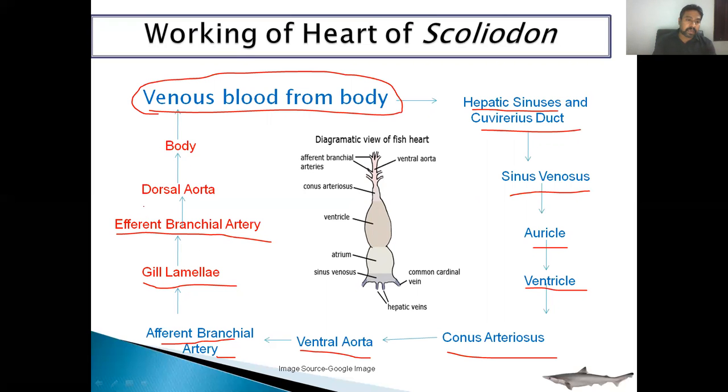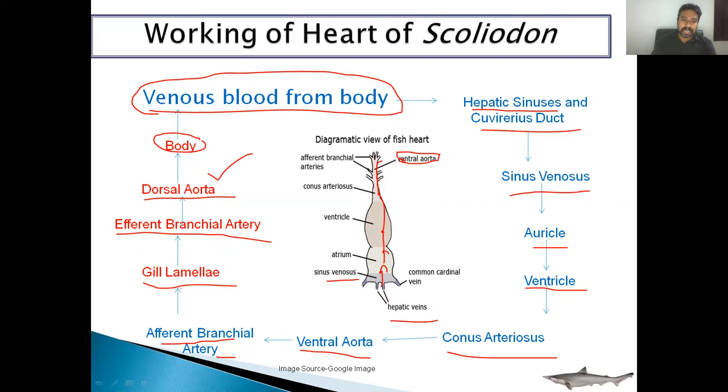That oxygenated blood goes to the dorsal aorta and is supplied to the body with the help of the dorsal aorta. Now, what is the dorsal aorta? It is the largest artery of the body, situated on the dorsal side. So we can understand from this diagram that venous blood from the hepatic veins enters the sinus venosus, then goes to the auricle, from the auricle to the ventricle, from the ventricle to the conus arteriosus, and then to the ventral aorta, and from the ventral aorta to the gills for the purpose of aeration, oxygenation.